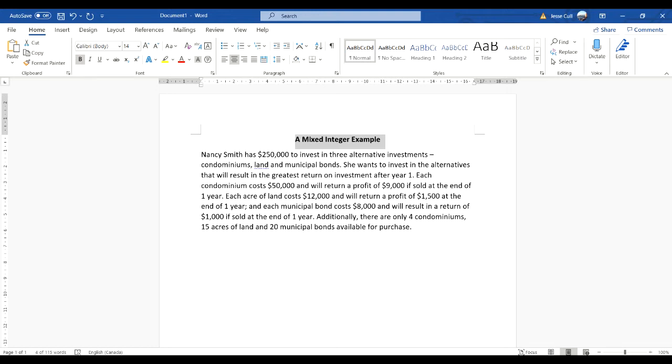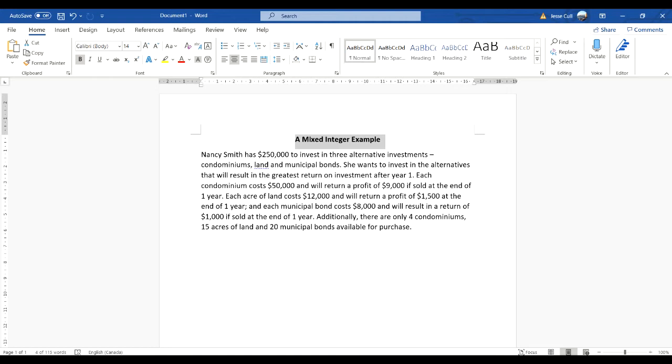Each acre of land costs $12,000 and will return a profit of $1,500 at the end of year 1. And each municipal bond costs $8,000 and will result in a return of $1,000 if sold at the end of year 1. Additionally, there are only 4 condominiums, 15 acres of land, and 20 municipal bonds available for purchase.